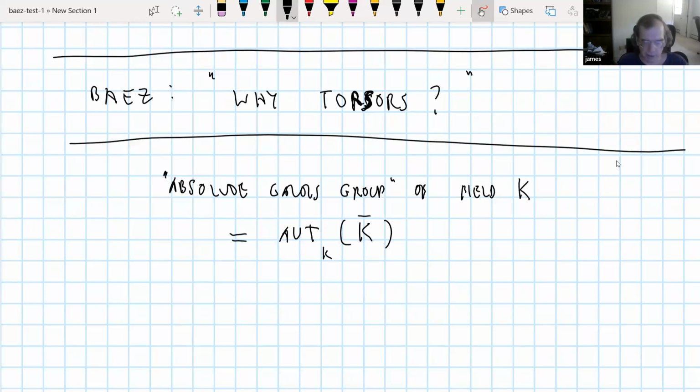That's going to provide us with certainly some ways of answering the question, why torsors? Because looking at the torsors over K is really just telling you how to map the fundamental group of the variety into the group that we're considering torsors of.